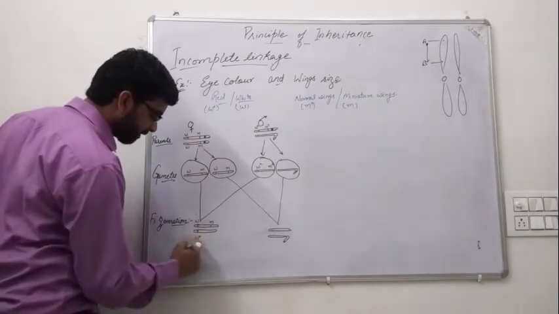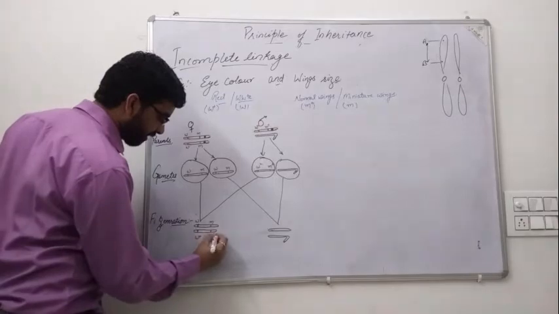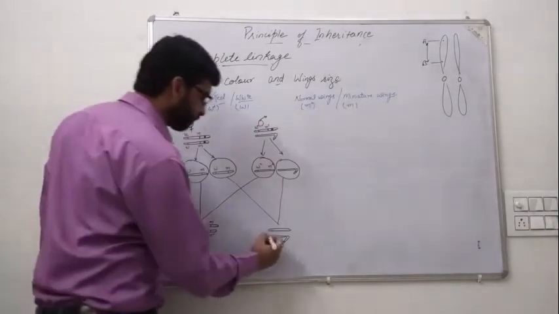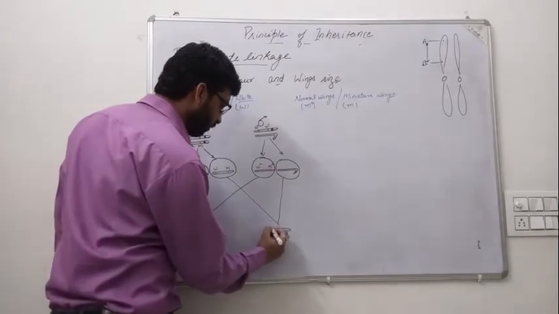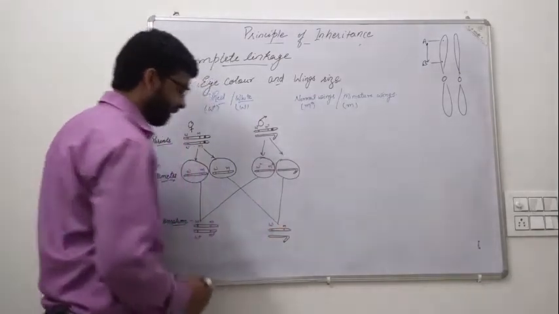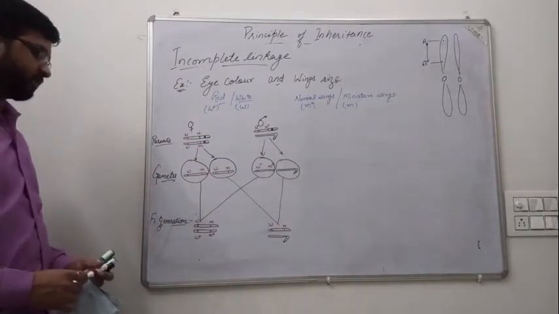W positive represents the red eye color and M positive represents the normal wings. This one also has recessive characters, white eye and miniature wings. These are the F1 generation.